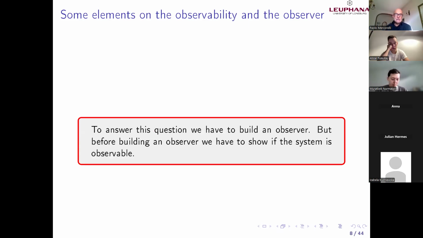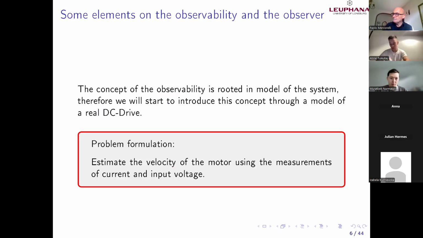We can see here in this slide, if you remember, I repeat for you the question, which is basically our problem formulation. Basically, is it possible to estimate the velocity of a motor if I measure current and voltage?